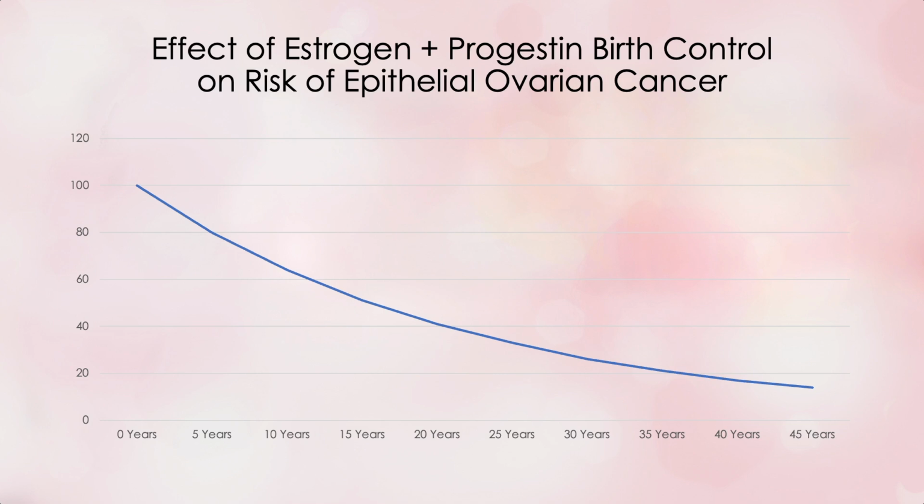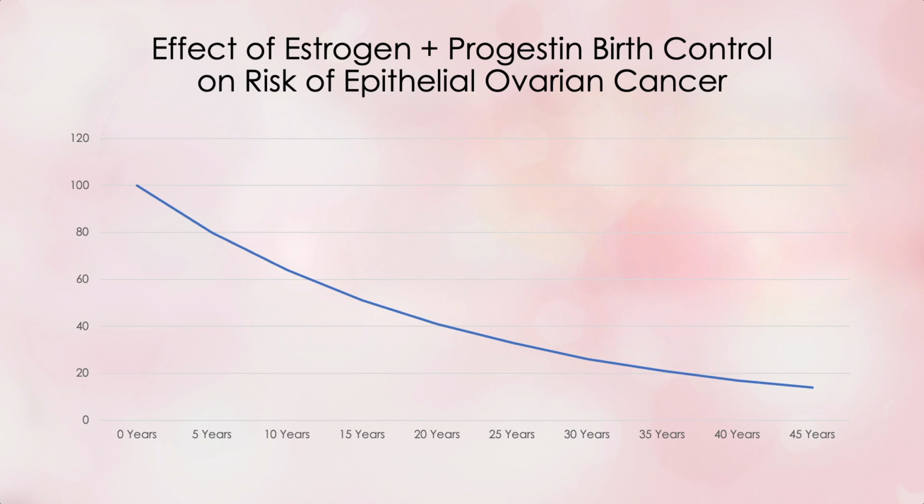So on this graph, the 100% risk refers to whatever your personal starting risk is based on all your risk factors. And you see that regardless of your actual risk, your risk decreases by 20% for every 5 years of taking estrogen plus progestin birth control. So if you never take estrogen plus progestin birth control, your risk remains at 100% of whatever your personal risk happens to be.